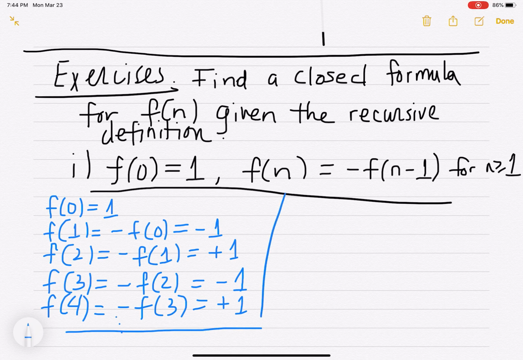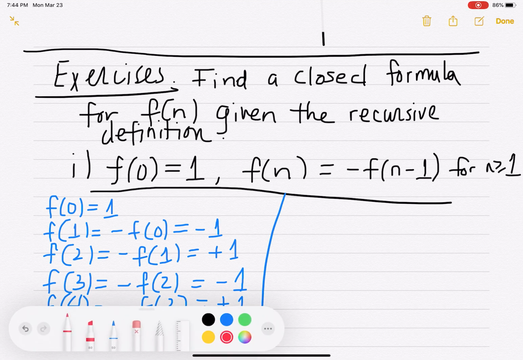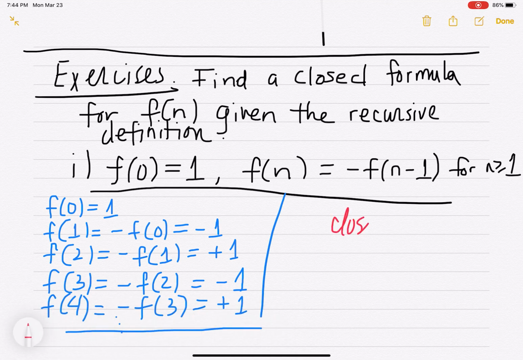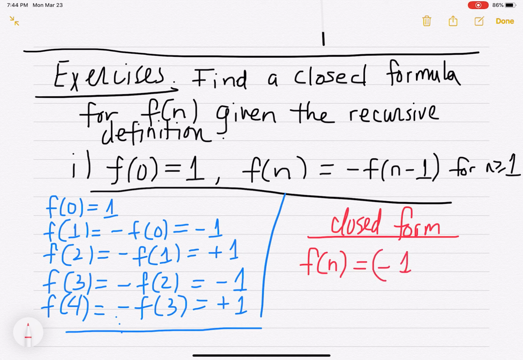So we get a feel for things. Now we want to write a closed form. F of n is negative 1 to a power. So we want to make sure that for even powers, you get a positive 1.